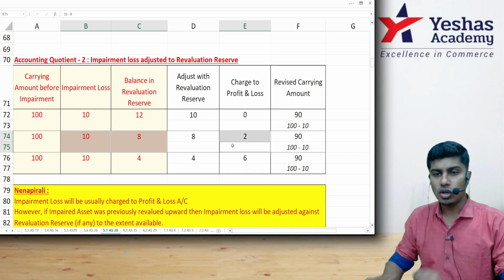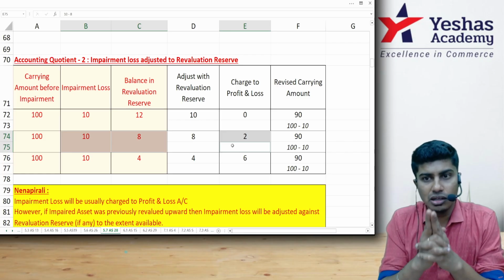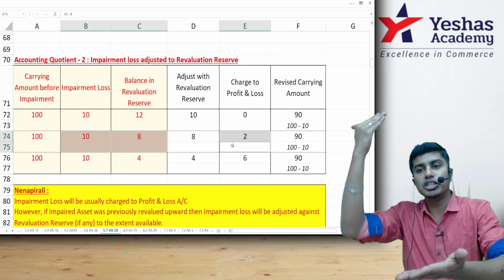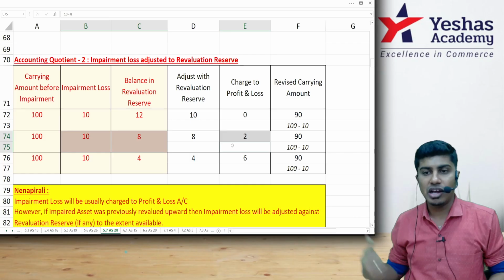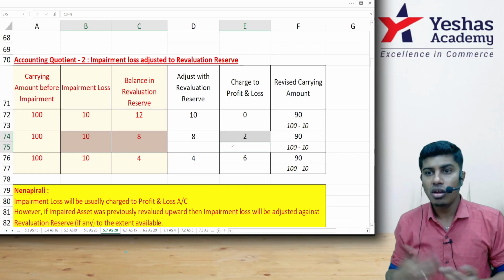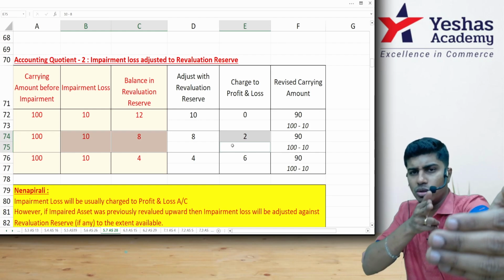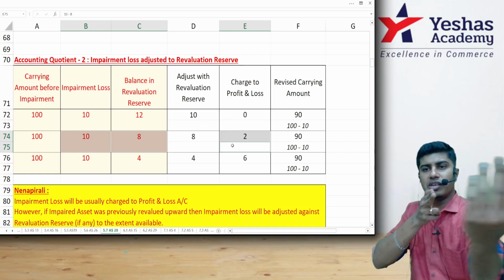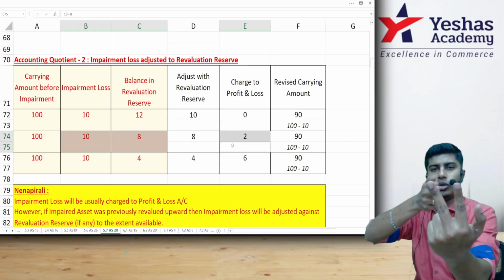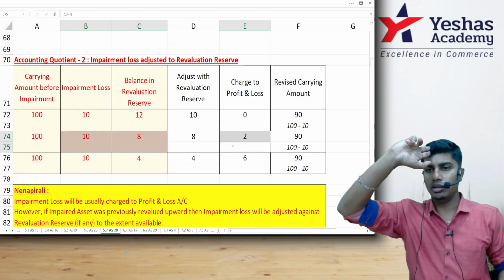You got it? So impairment loss should be transferred to P&L and also deducted from the asset. Before you transfer to P&L, someone stops you. Who? Revaluation reserve. Only after you close revaluation reserve, you should transfer to P&L. For example, when you're shooting at P&L, revaluation reserve will come and say, kill me before you kill P&L. So after you kill revaluation reserve only, you shoot P&L.